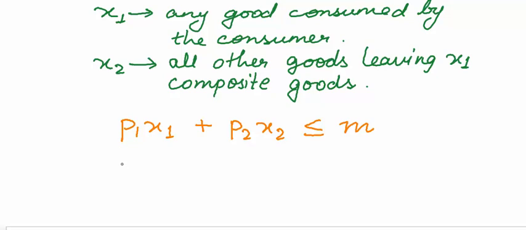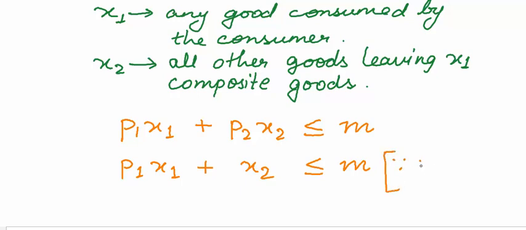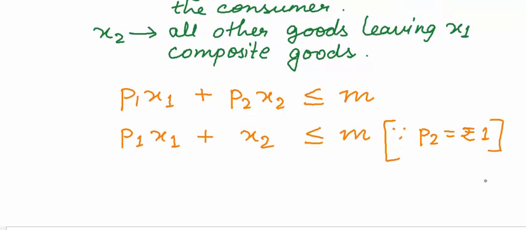Then we can just rewrite our budget constraint as P1 X1 plus X2 is less than or equal to M, because we have assumed P2 is equal to 1 rupee. So here again we can say that two goods are enough for representing the consumption bundle of a consumer.